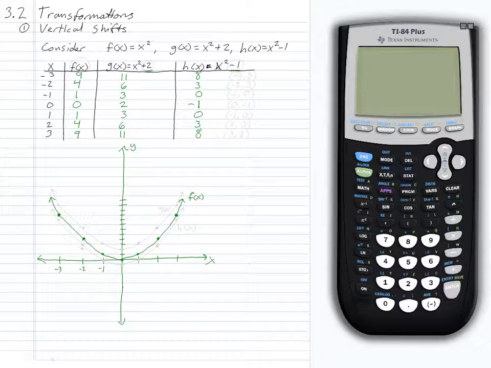Now g of x contains the points 0, 2, 1, 3, 2, 6, and 3, 11.